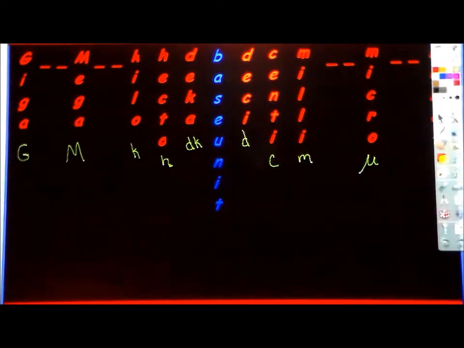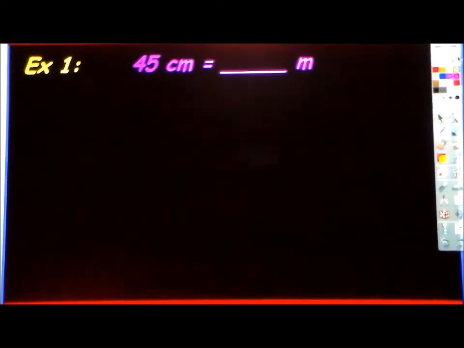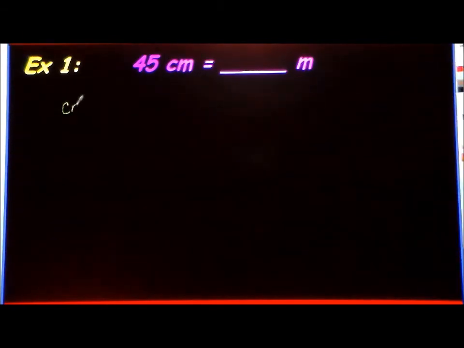So when we come back over here, I'm going to look at centimeters and meters. The easiest way to do this is to always put the 1 on the bigger unit. And since meters was to the right in that table, it's the bigger unit. Sorry, to the left.